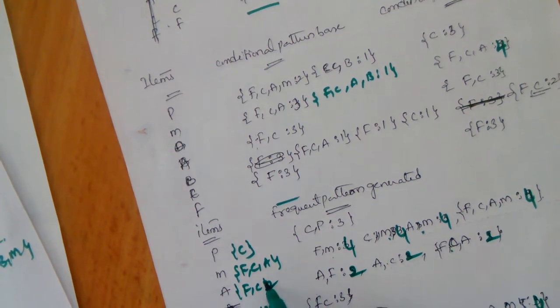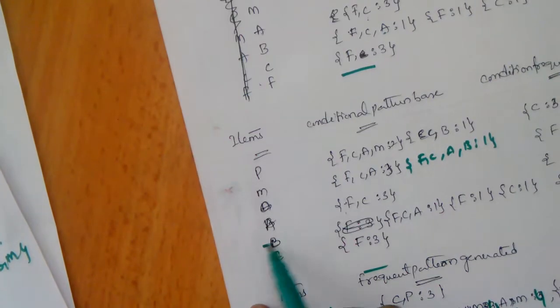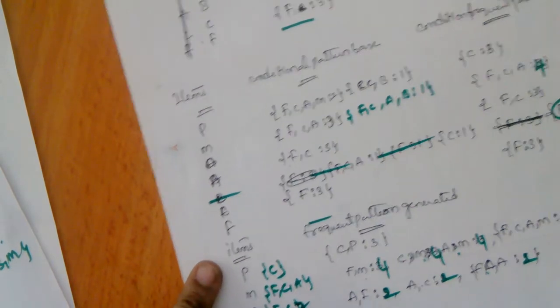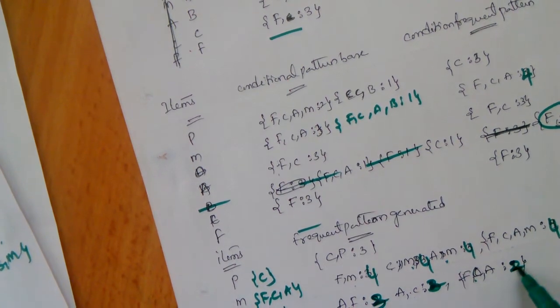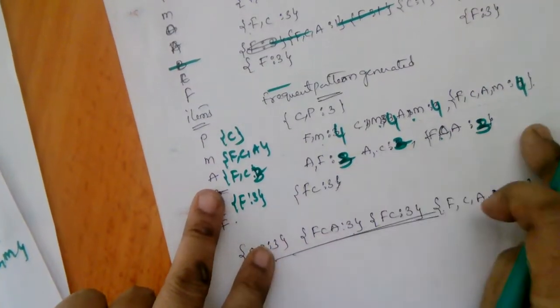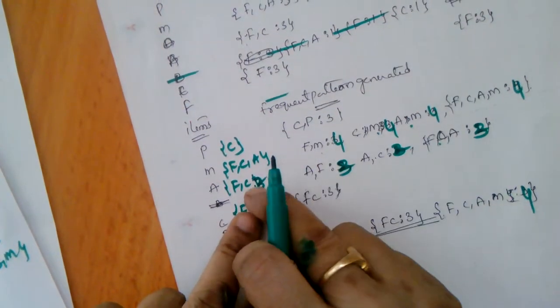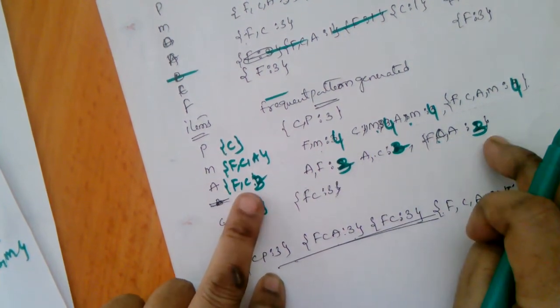Okay, no, this is 3. We are discarding B here. Why are we discarding B? Here it is 2. Okay, so we are taking A. Its count is 3 only. So AF is 3, AC is 3, FCA is also 3.